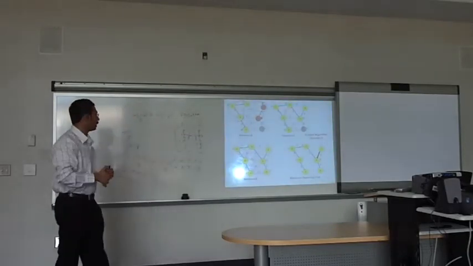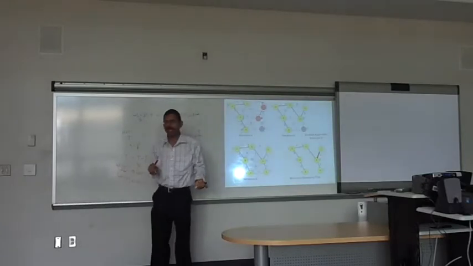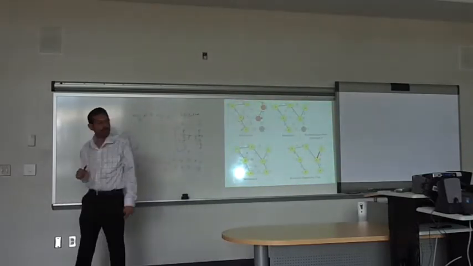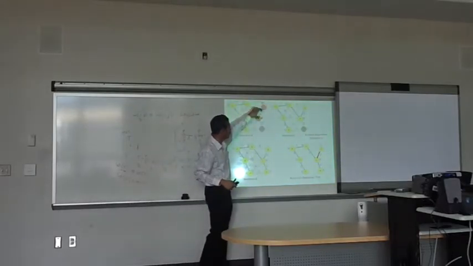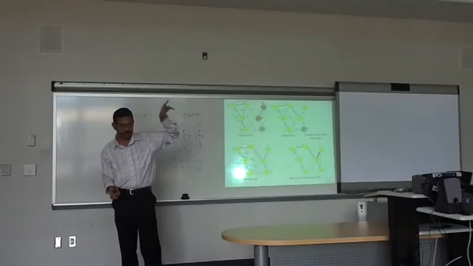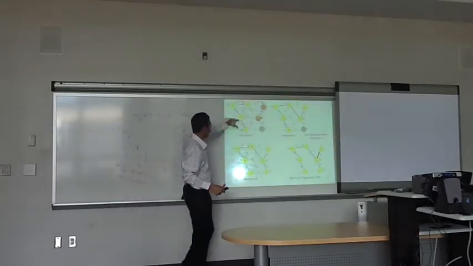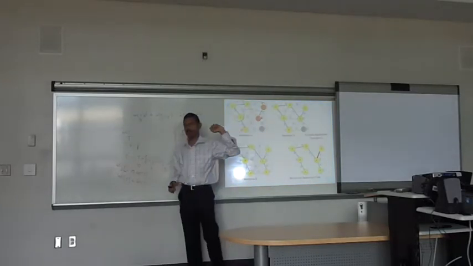But here the thing is, you are given something as a minimum spanning tree, and you want to prove that this edge ij is the minimum weight edge in that cut, that crosses the two cuts. So how do you prove this?